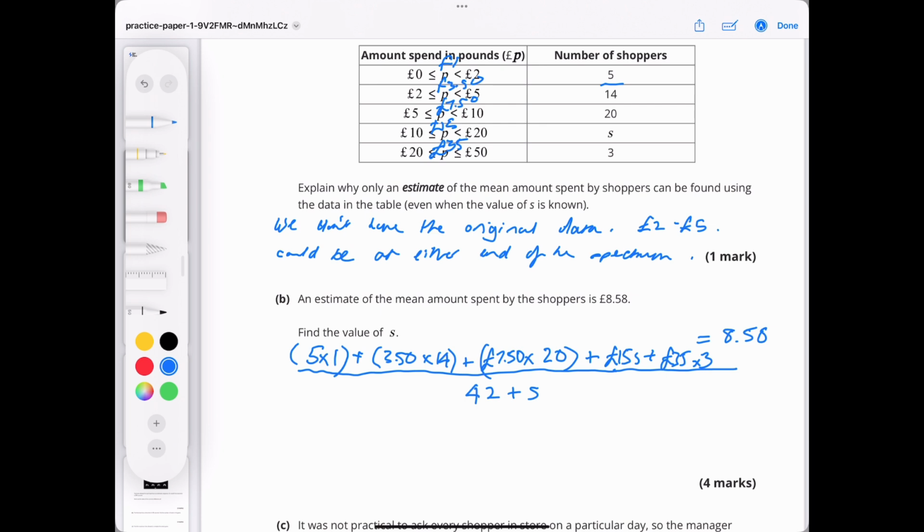I'm assuming S is going to be 8 based on the fact that I survey 50 people if I was going to do this.